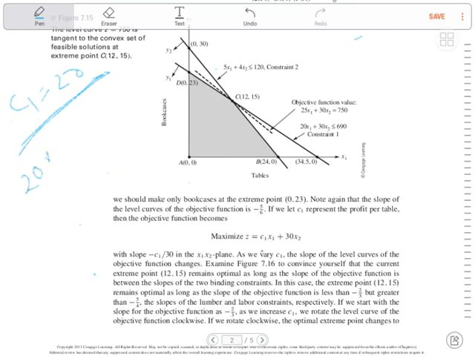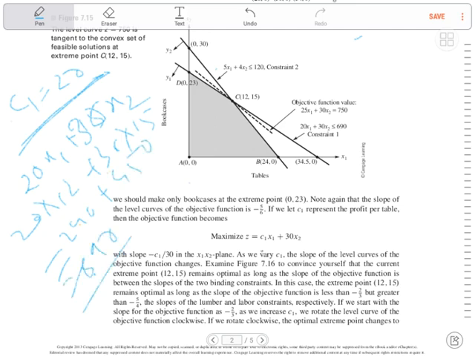So 20 x1 plus 30 x2. Now if I consider the C point, what am I going to get? 20 into 12 plus 30 into 15, that means 240 plus 450, that means 690. 690 is the value of Z max.